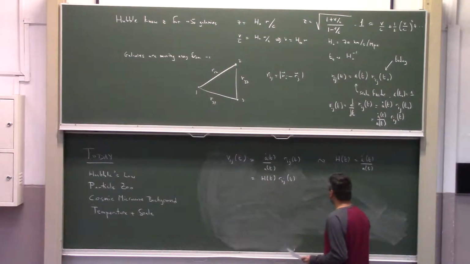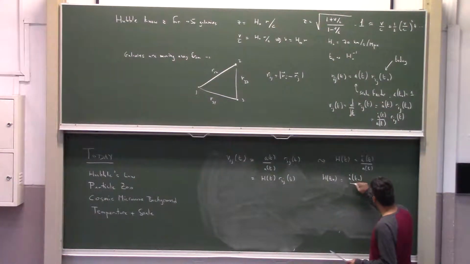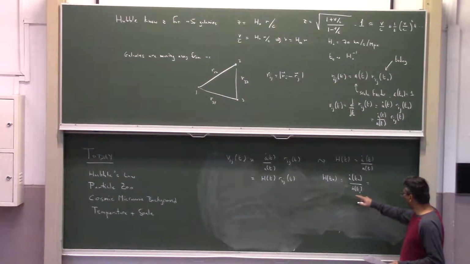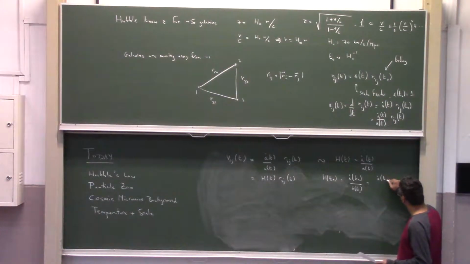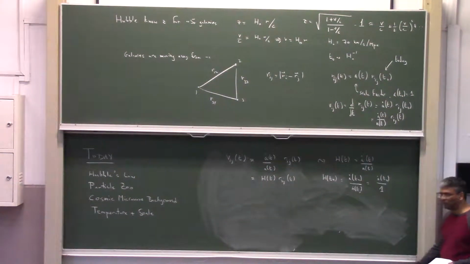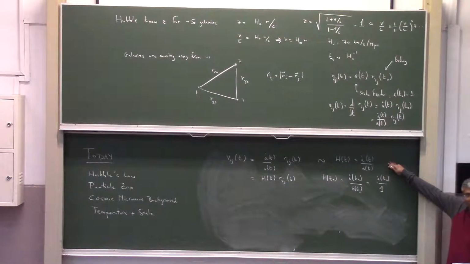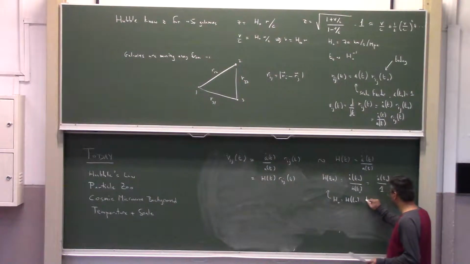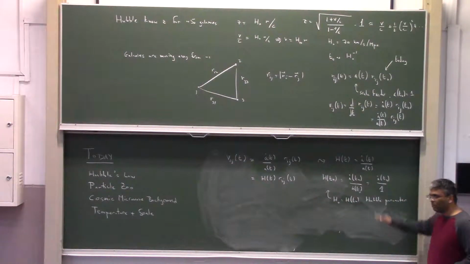And today, H of t0 is the expansion of the universe at time t0, where a of t0 is equal to 1 in our normalization. So this is the expression of H of t0. But in general, at some other arbitrary time, we take the ratio between the change in the scale factor and the scale factor to define this Hubble function. So the Hubble parameter, H0, is H of t0. People will often say this is the Hubble constant, but it's really a function of time.